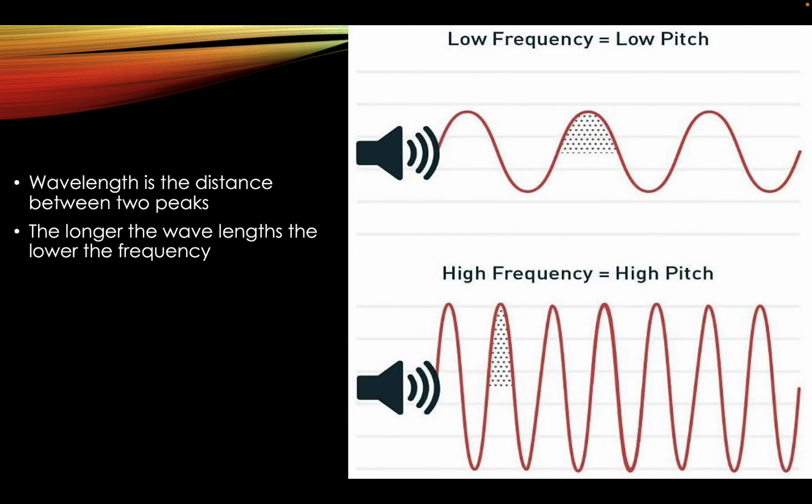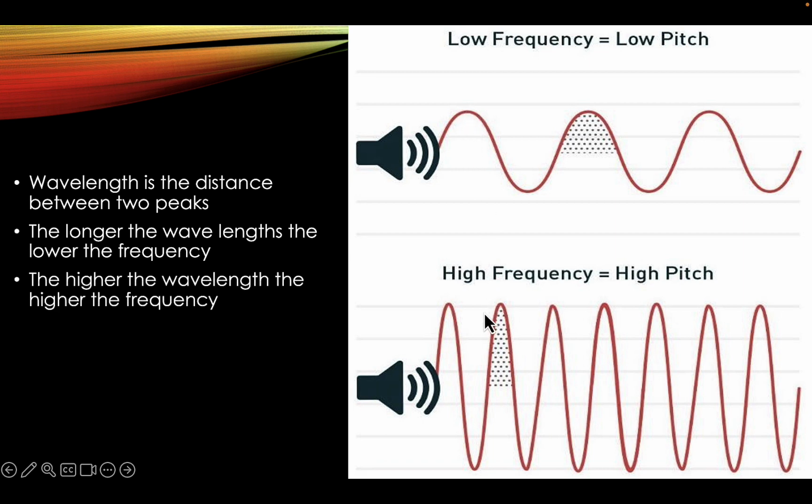In the picture at the top, you have this much longer wavelength, which simply means there's a greater distance between these two peaks. Whereas in the picture at the bottom, you have a shorter wavelength, because between those two peaks there's less distance.